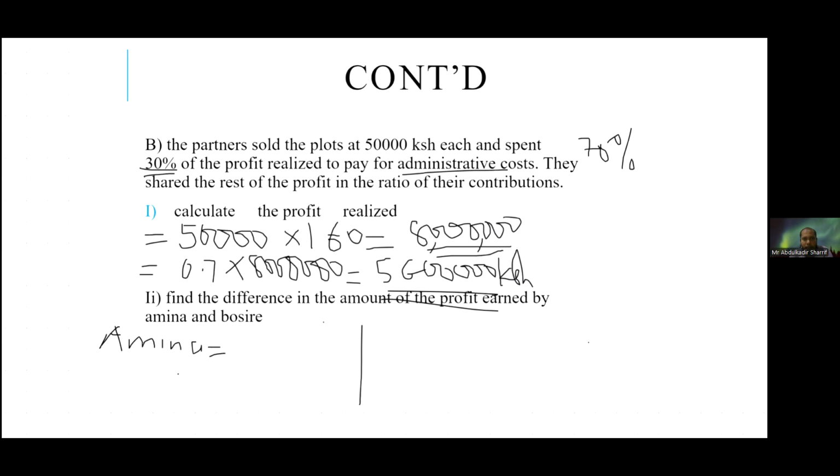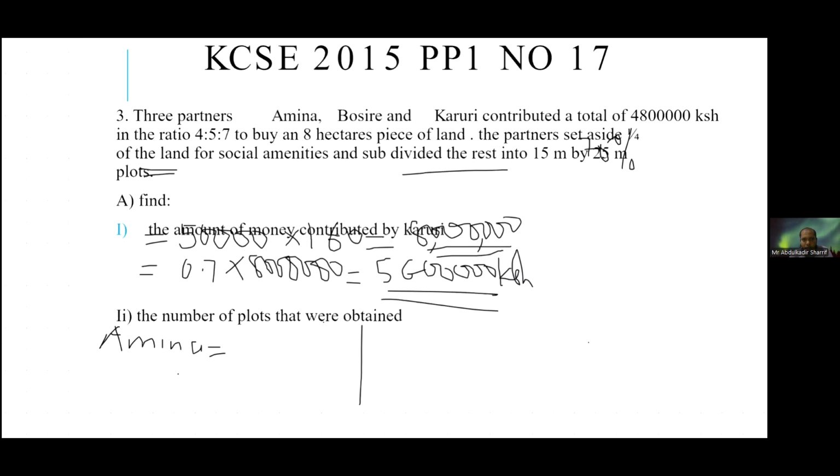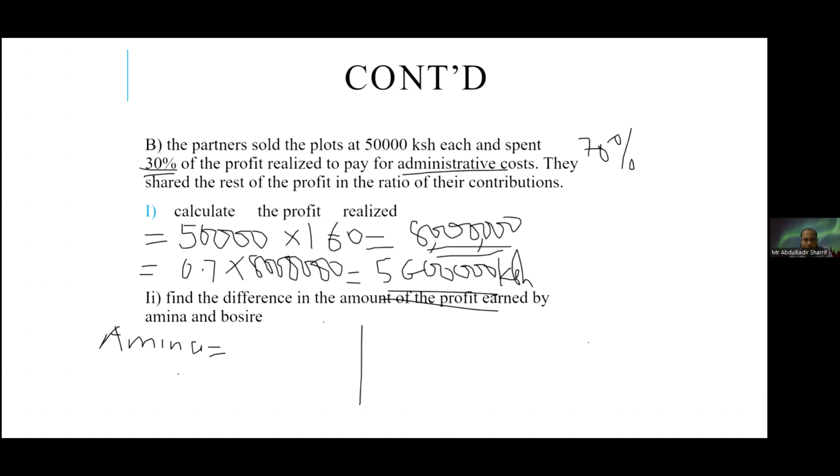Because the ratio of the contribution determines the profits. So 4:5 is to 7. So Amina having 4 and Bosire having 5. So Amina having 4, so I'll take 4 out of 16, times the 5,600,000.